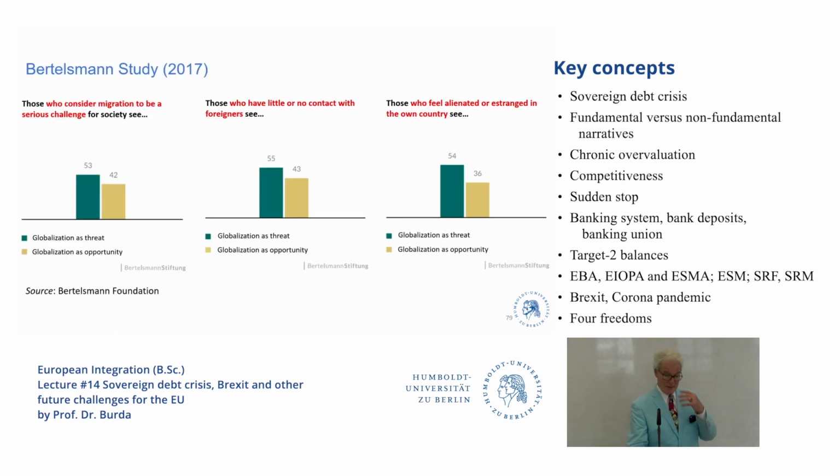And if you look at the survey conducted by the Bertelsmann Foundation in 2017, people seem to really see globalization as a threat when they consider migration also to be a problem. Okay, so going back to our original public opinion differences that we highlighted, countries where there's a lot of migration and a lot of displacement because of globalization tend to lead to public opinion in the opposite direction.